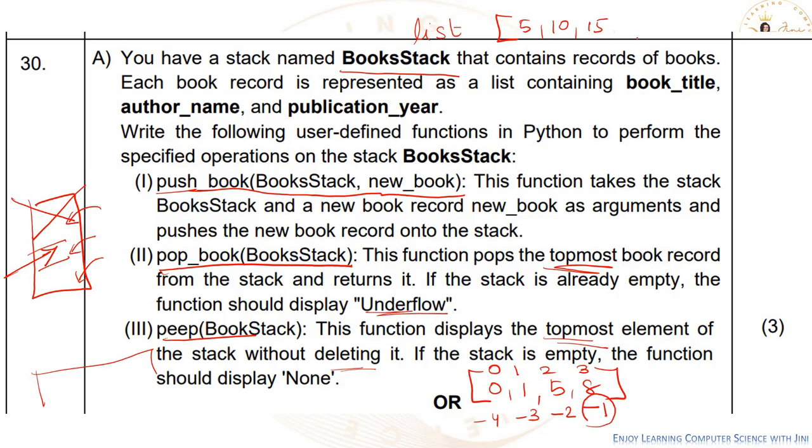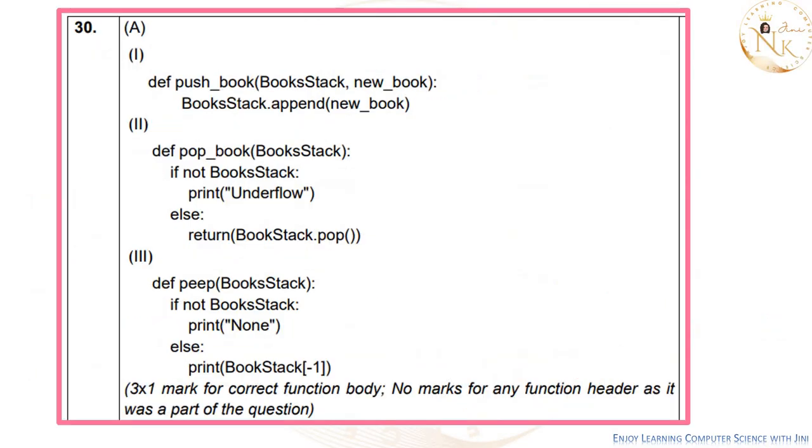If I'm adding an element, it will be added using the append method at the end of the list. When I use the pop method, the last added element will be removed from the list. Now peep displays the last element of the list without deleting it using the index -1. This is how this program works. Hope you must have understood.